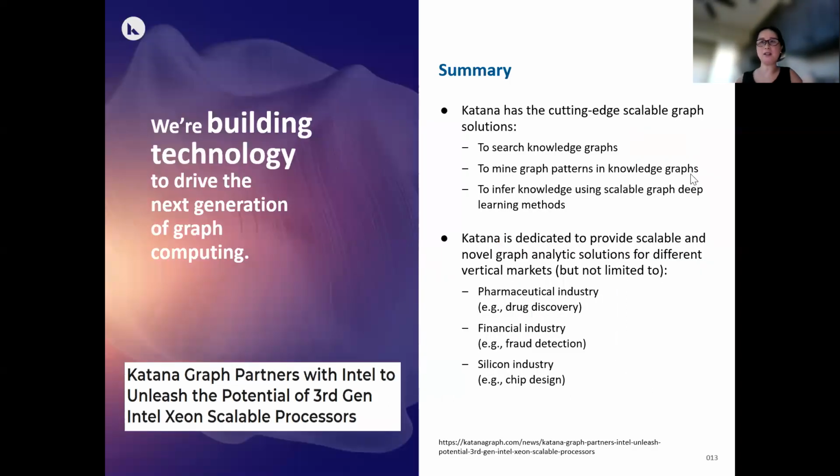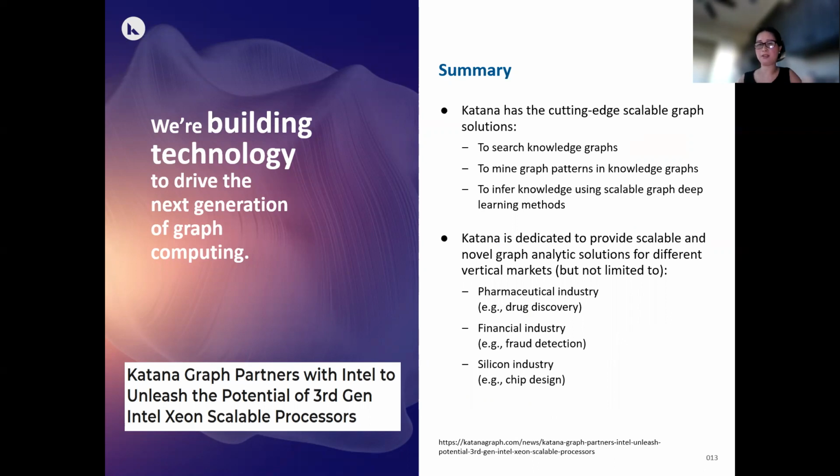In summary, Katana has cutting-edge scalable graph solutions to search knowledge graphs, to mine graph patterns in knowledge graphs, and to infer knowledge using scalable graph deep learning methods. Katana is dedicated to providing scalable and novel graph analytics solutions for different vertical markets.